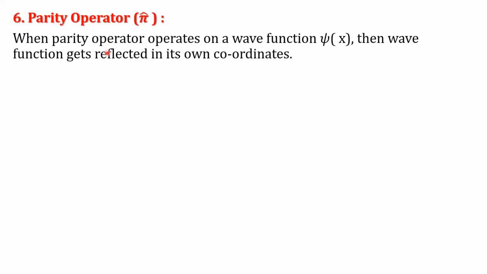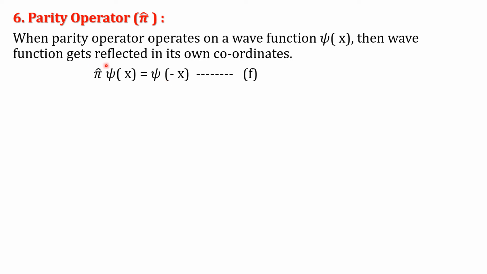Here we construct another operator, that is the parity operator, denoted by the symbol pi hat. It is a special type of operator, and we define that when such an operator operates on the wave function psi of x, then the wave function gets reflected in its own coordinate. It means when this parity operator operates on a function psi of x, what is the result?